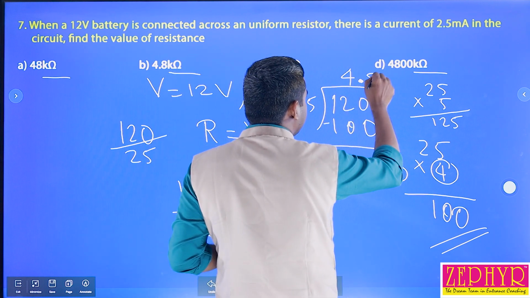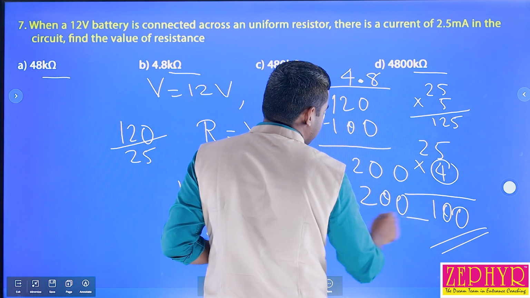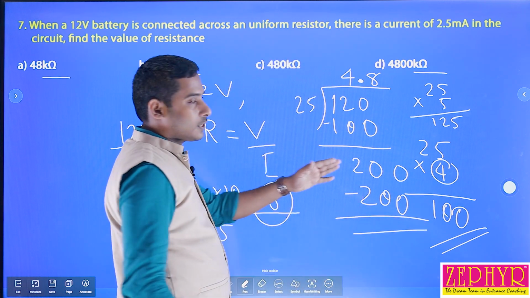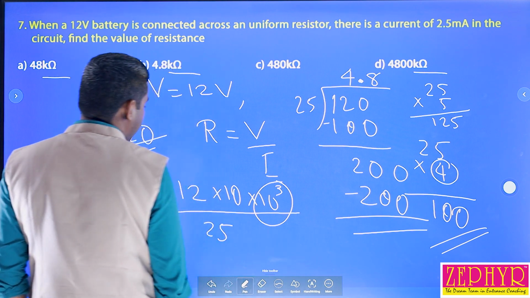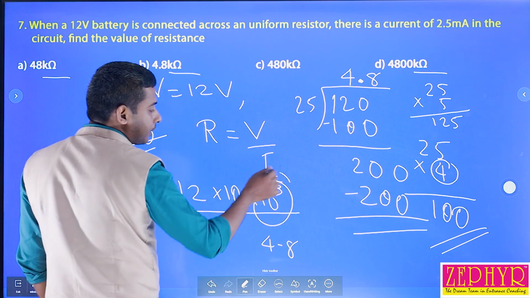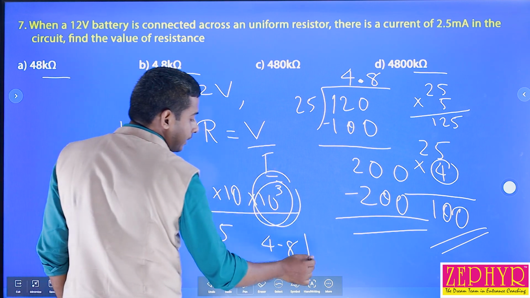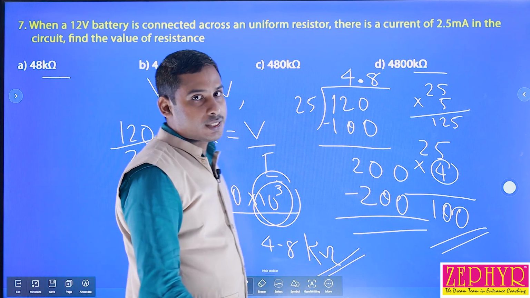It is nothing but 8 times, 8 into 25 is 200. When we subtract, that becomes 0. That means the answer is 4.8. Then we have 10 cube here, that you can take as kilo ohm. So, we got the answer as 4.8 kilo ohm.